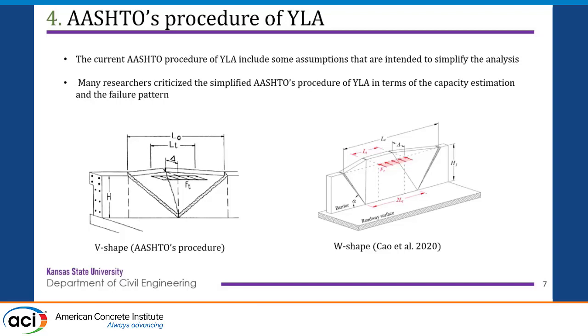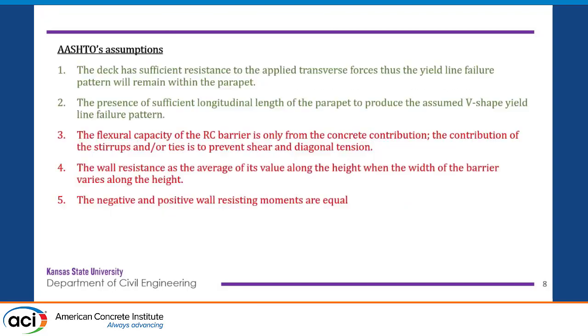Our hypothesis is that the V-shaped failure pattern can accurately predict the lateral capacity of reinforced concrete barriers if some of the assumptions that AASHTO introduced to simplify the analysis process can be avoided. These assumptions are five. One can refer to AASHTO's chapter 13, where they are stated.